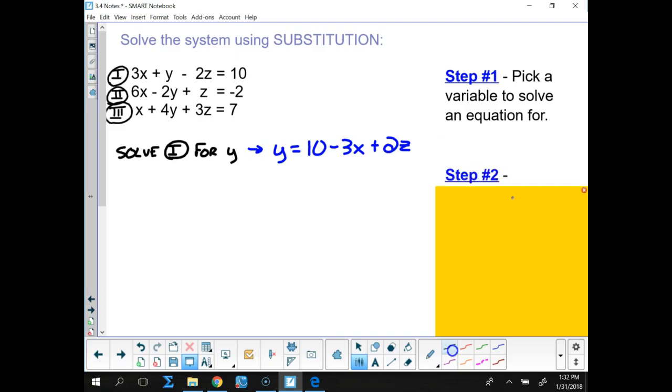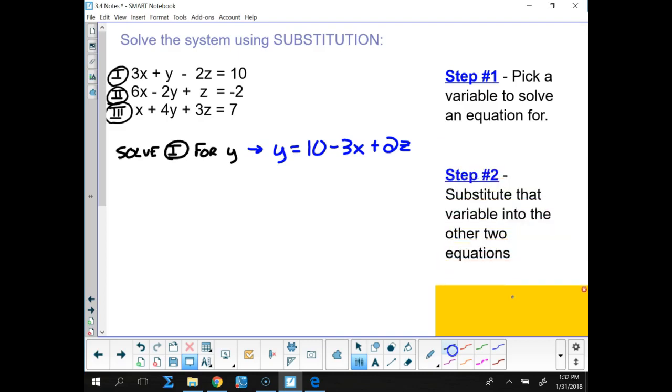Step number 2 says we're going to substitute that into the other two equations for y.